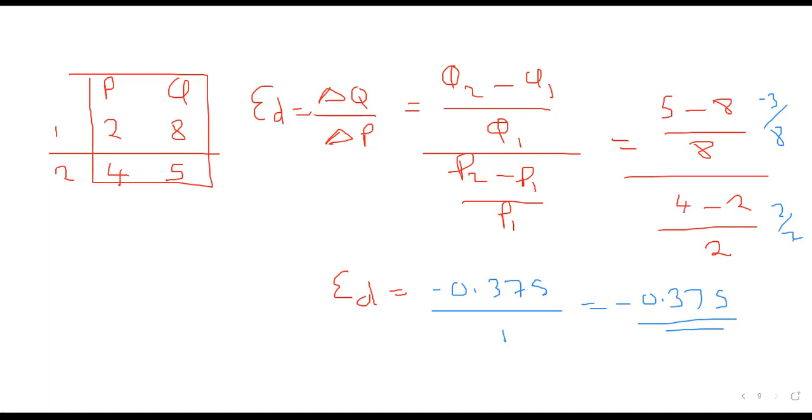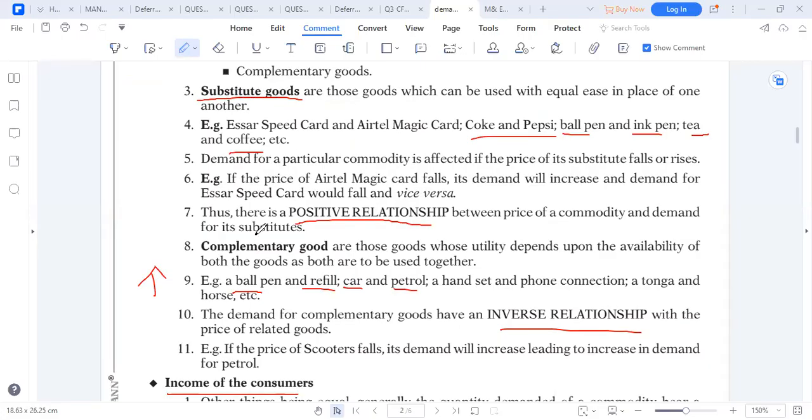So we're just on the price. We went on the price of other goods. We talked about substitute goods and complementary goods. Now, it is very imperative that you understand how these relate.